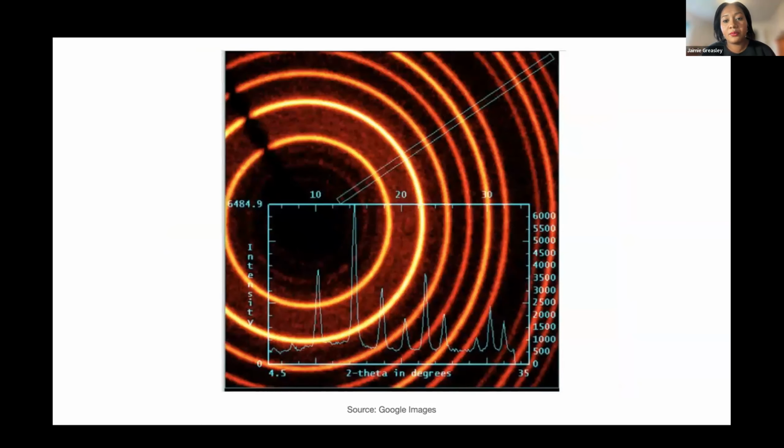If we had many of these single crystals, like if we were to pulverize our sample, all of them would be randomly oriented, and we'd get these concentric cones. This rectangle here is where the detector scans, and it measures the angles at which it sees these peaks of intensities.